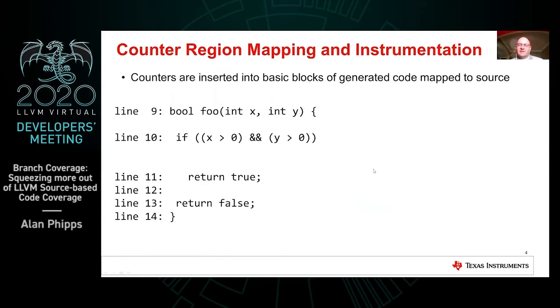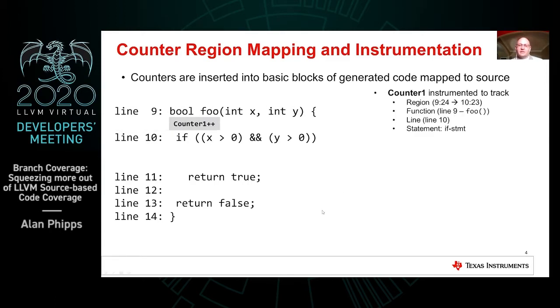Conceptually, what happens during counter region mapping and instrumentation? Well, counters are instrumented by being inserted into basic blocks of generated code that's mapped directly to the source code. If you look at this example with our function foo here, Clang is going to add a counter to represent the parent region of the function.